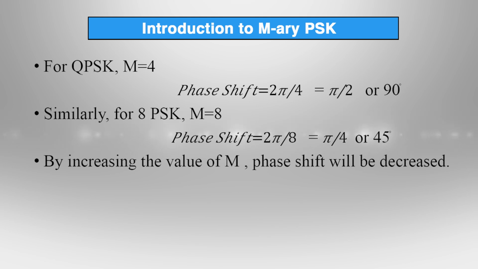Therefore, phase shift will be 2 pi upon 4 or pi by 2 or 90 degree. Similarly, for 8 PSK, M is equal to 8 and the phase shift will be 2 pi upon 8, that is pi upon 4 or 45 degree. Therefore, we can conclude that by increasing the value of M, the phase shift will be decreased.